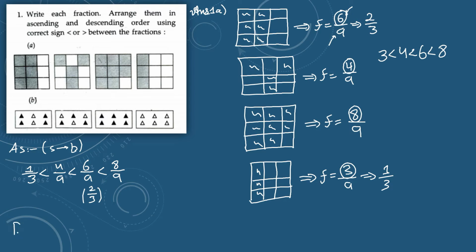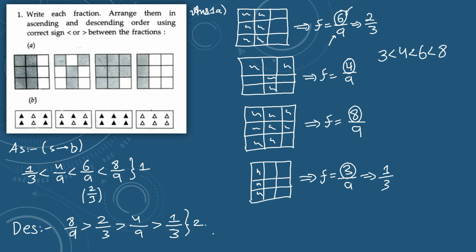For the descending order, we have the opposite, that is 8 ninths is greater than 2/3, greater than 4 ninths, greater than 1/3. Okay my friends, so this is the answer of this question. This is the first part and this is the second part. The next part of this question is pretty easy. The denominator would be 6 and I know that you can solve this question pretty easily.